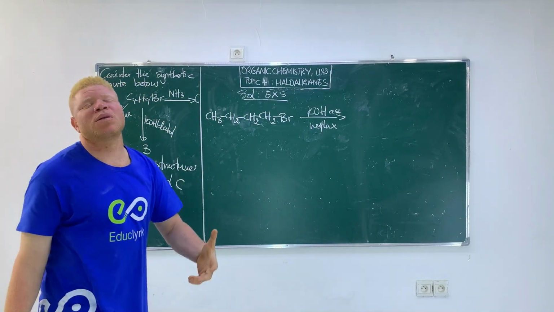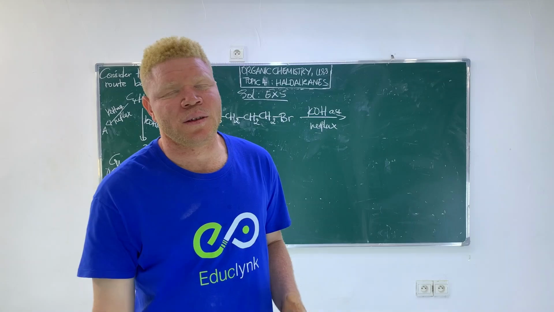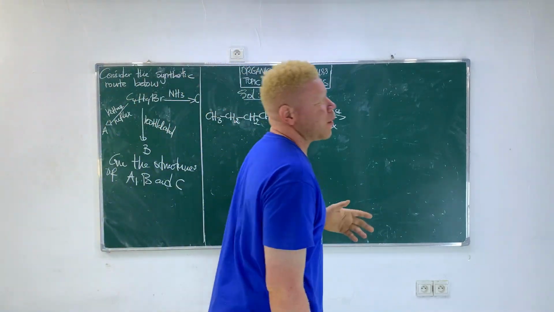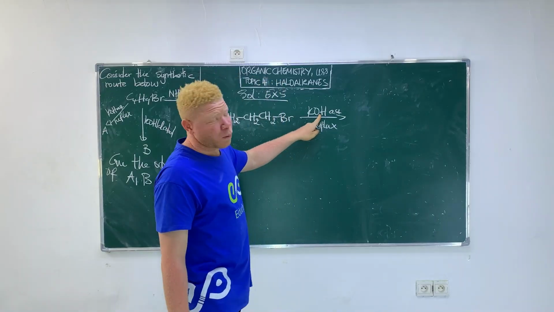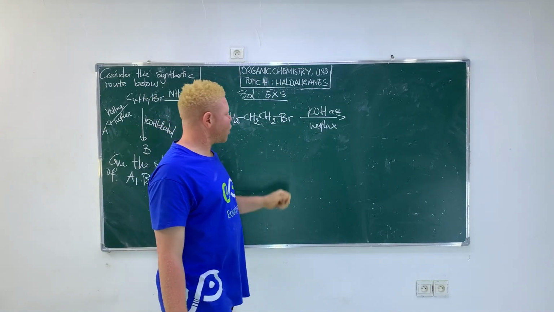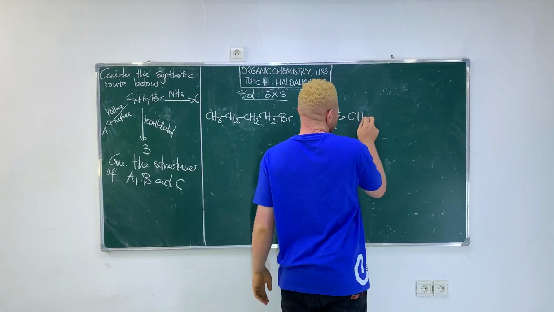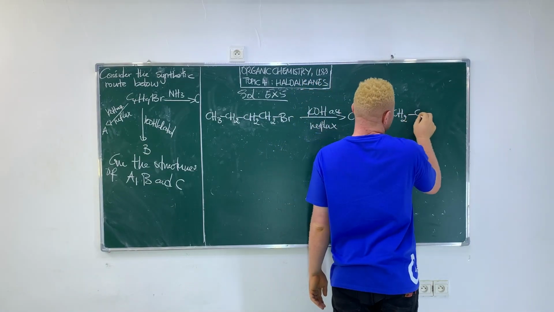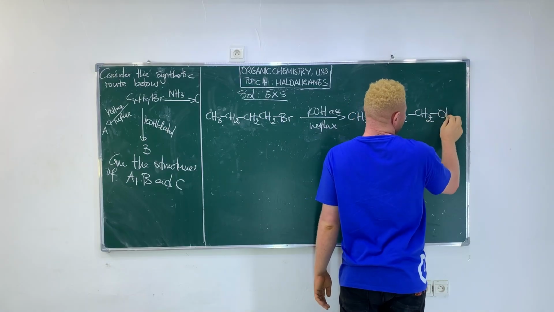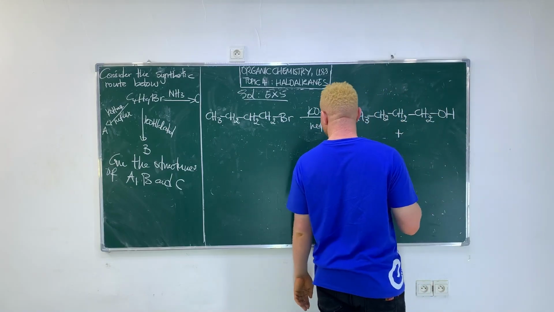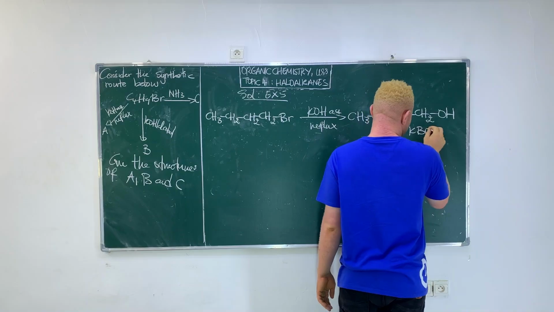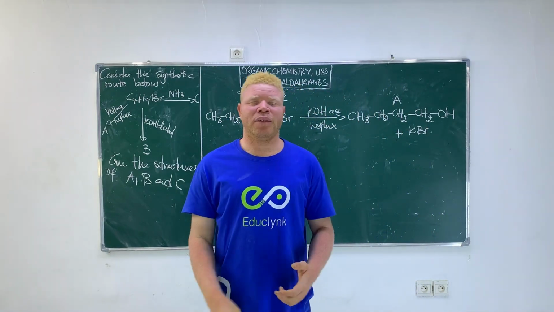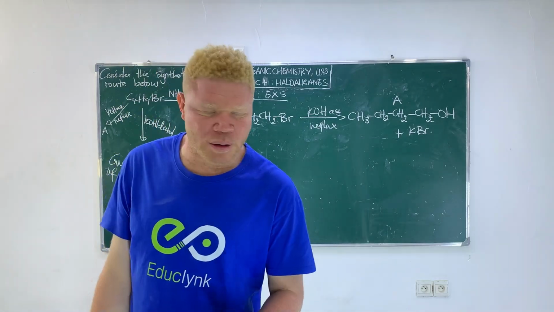So remember, aqueous medium favors nucleophilic substitution reaction. So the mechanism is nucleophilic substitution. What is the physical significance? The OH group replaces the halogen. So at the end of the day, we're having CH3CH2CH2CH2OH plus HBr. That is how A comes out.